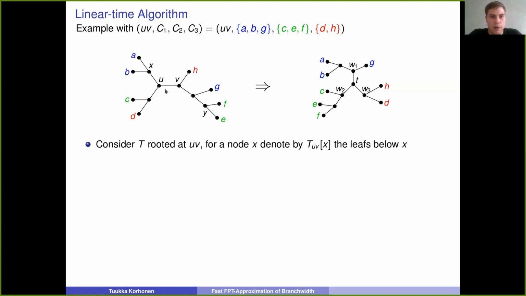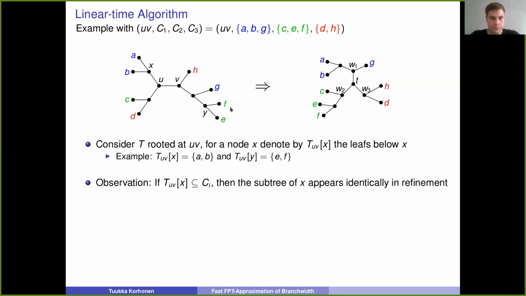So let's consider this decomposition rooted at our edge UV we are using in refinement, and denote by T UVX, where X is a node, the leaves that are below X, so in the subtree of X. So here we have A B below, and here we have E F. Now if what is below is a subset of some of these parts C, so here A B is a subset of C1, then this refinement doesn't do anything for the subtree below X. Okay, so what happens in the refinement is that this subtree gets identically copied to our resulting decomposition.